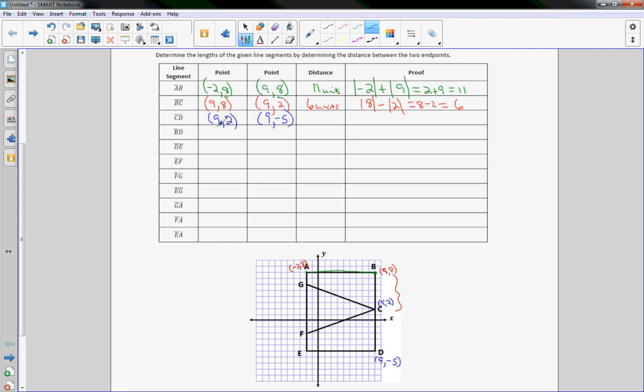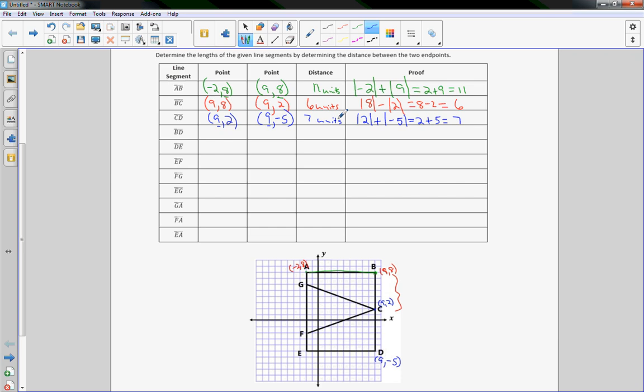So notice the x values are both 9, so we're not going to have anything to do with that. We just want to measure the vertical difference. One is positive, one is negative, so we take the absolute value of 2 plus the absolute value of -5, which is 2 plus 5, which is 7. So this is 7 units.